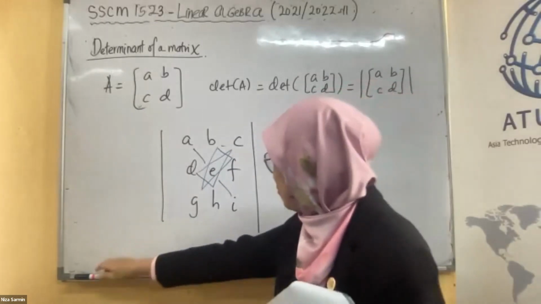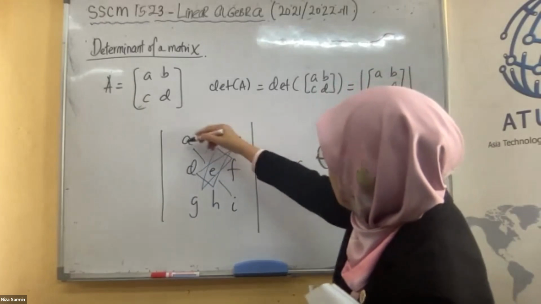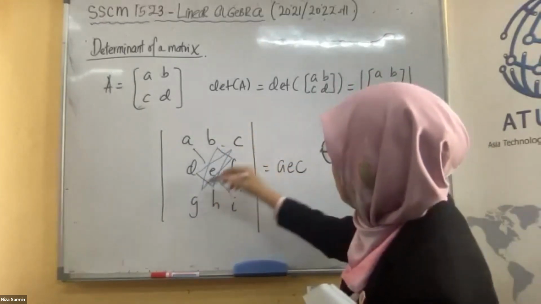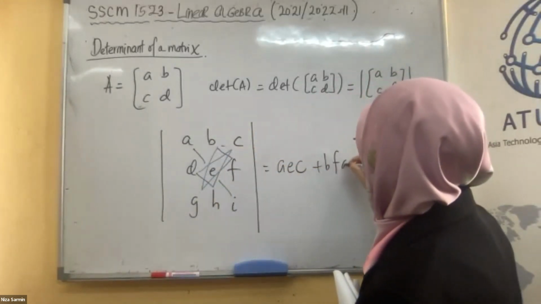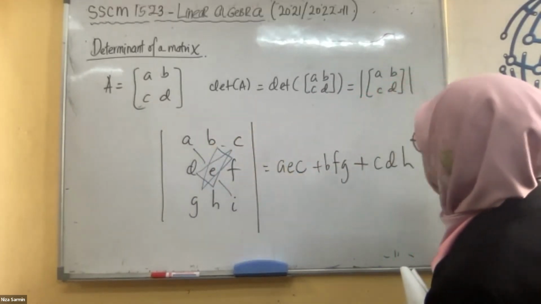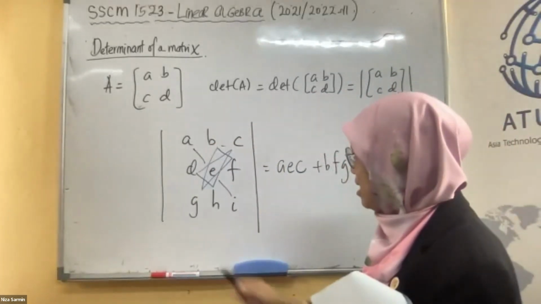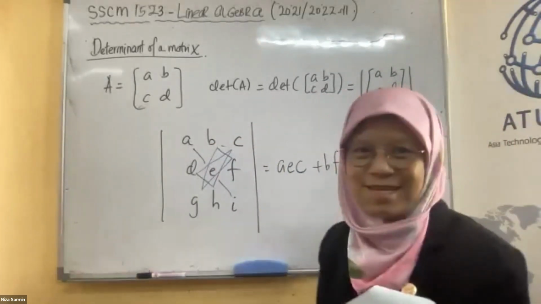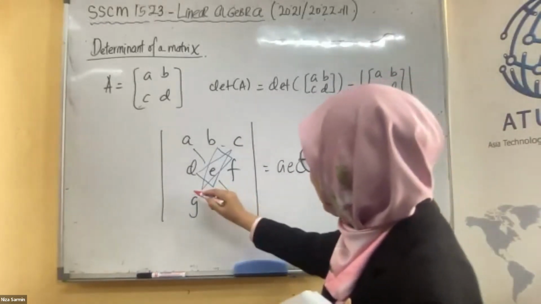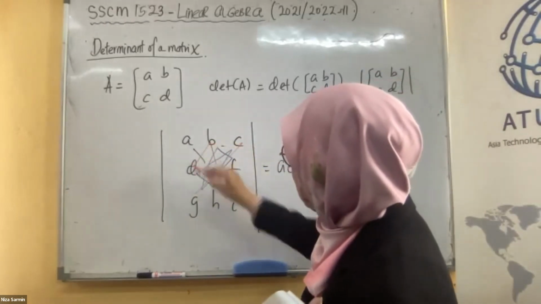So this will give me AEC, and then parallel, BFG, and then CDH. Then the other one is this, right? And then parallel to it.